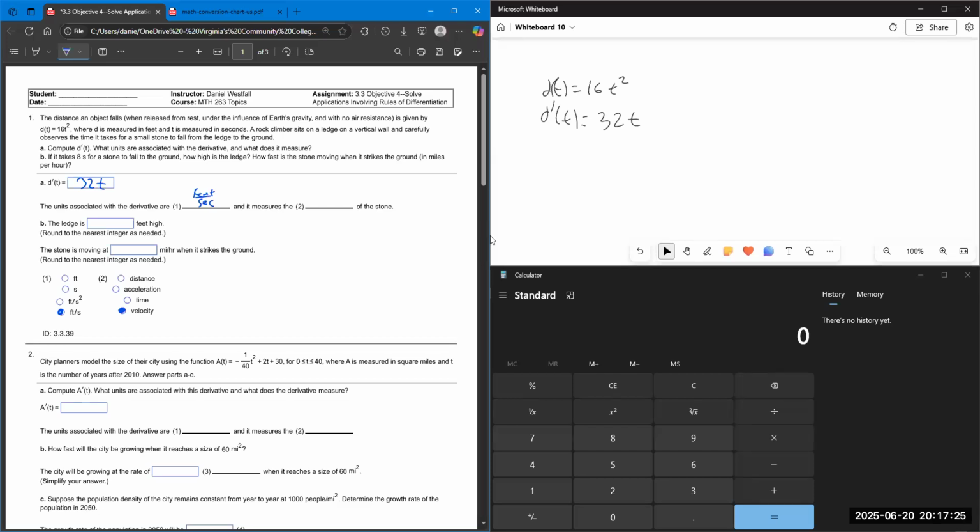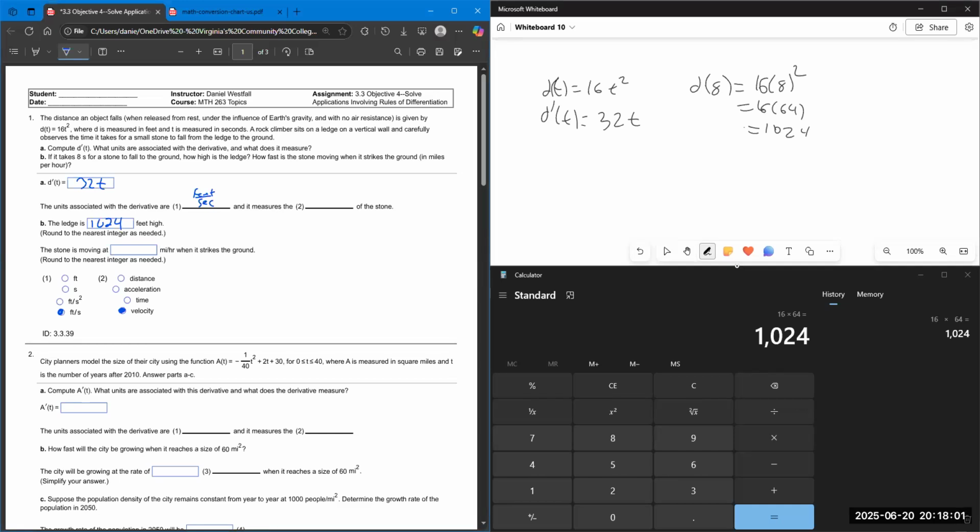And then they tell us that it's going to take 8 seconds for the object to hit the ground. So we want to find d of 8, which is 16 times 8 squared, or 16 times 64. And that's going to be 1024 feet high.